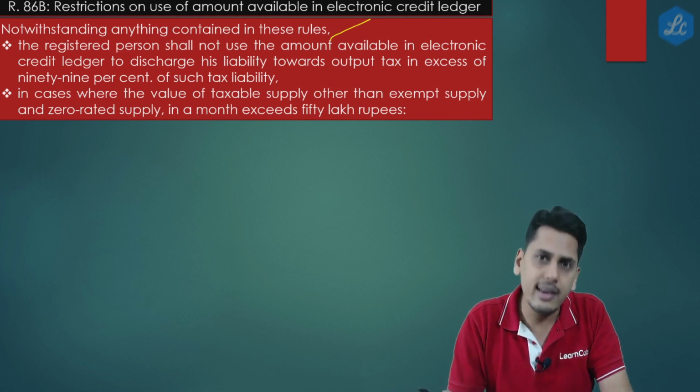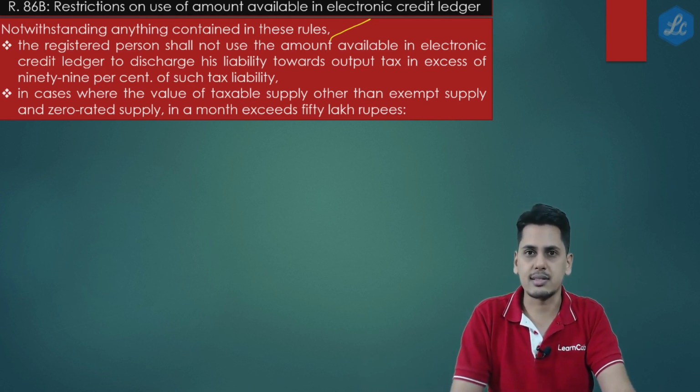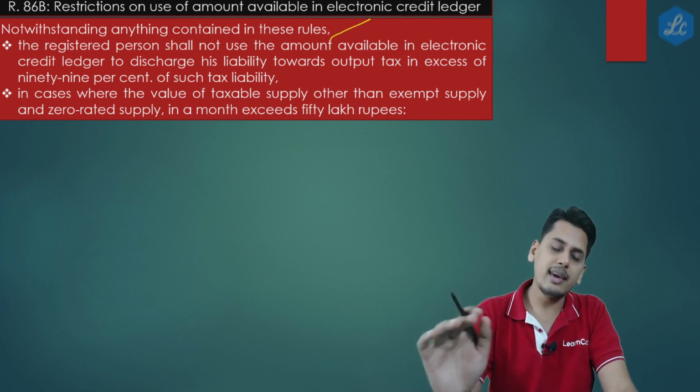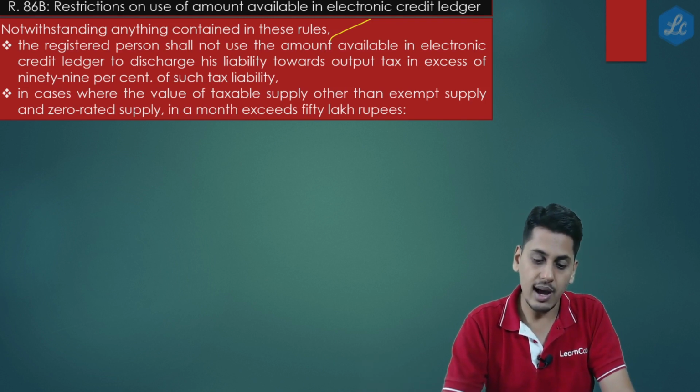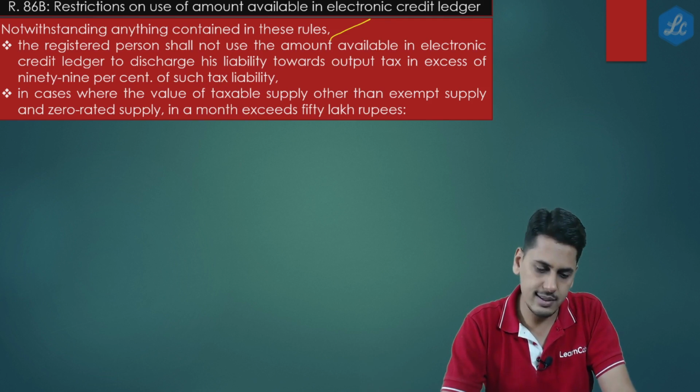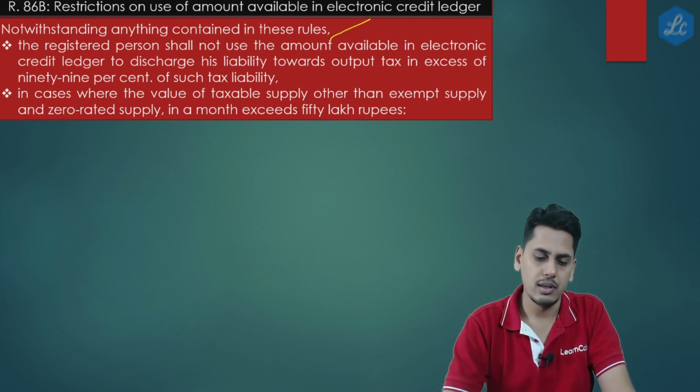Now, is it in all cases or in certain specified cases? Let's look further. In cases where the value of taxable supply other than exempt supply and zero rated supply in a month exceeds 50 lakh rupees.